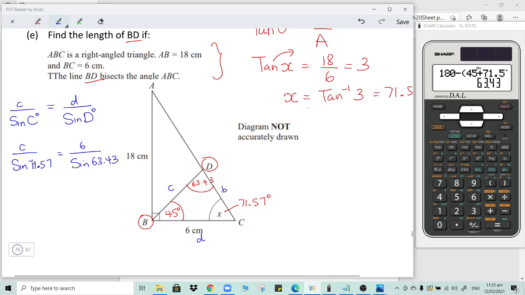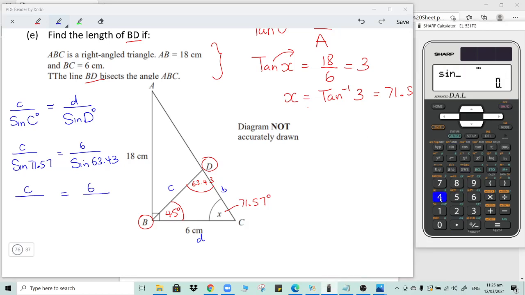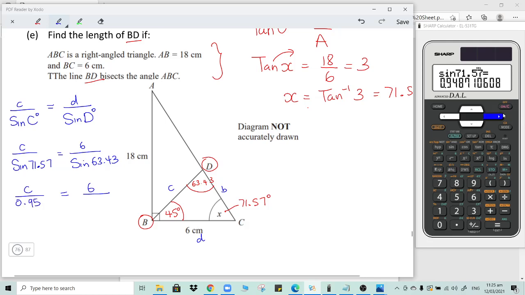Let's work out this on our calculator, then cross multiply. That'll be easier. So let's see. Sine 71.57 is 0.95, and the other one is sine 63.43, and that's 0.89.